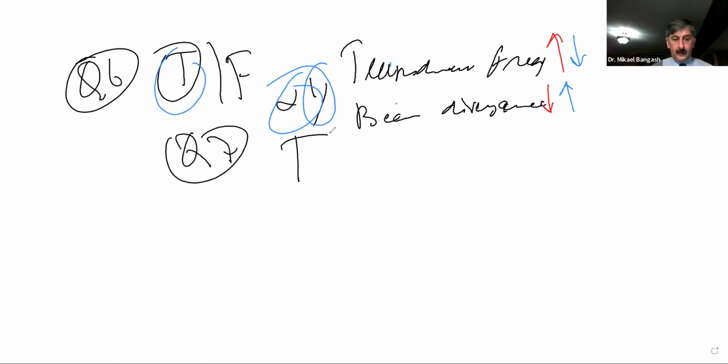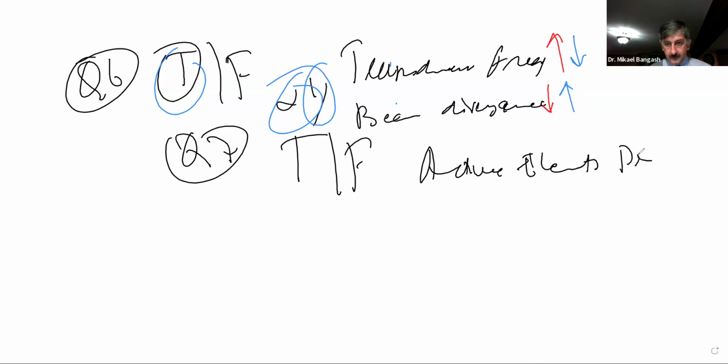Question number 7. Again, they ask true and false. Is it true to say that the active element's diameter is inversely proportional to the beam divergence?